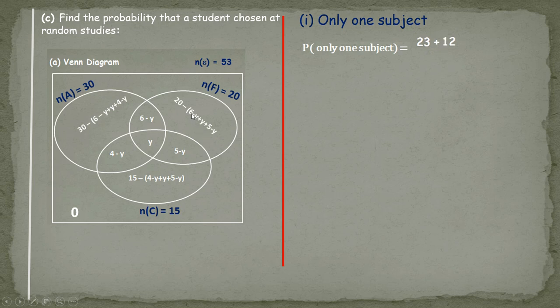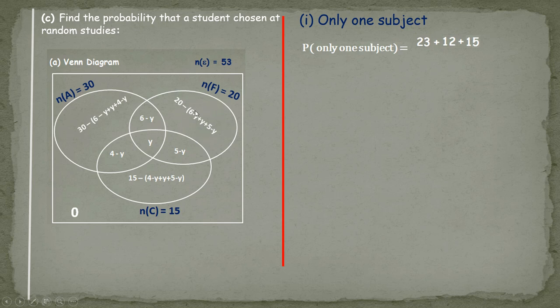Come to this part. This is 9. So 15 minus 9, 6 plus 3. We have only one subject, we are taking this. Once you simplify this, remember the value of y, you just substitute the value of y here.